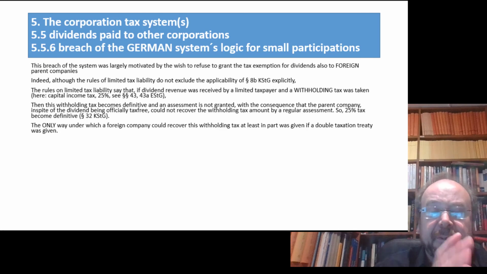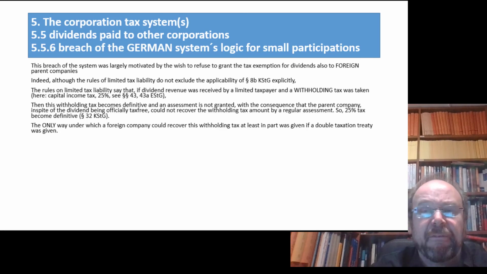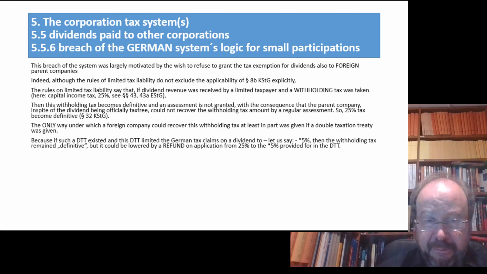There, we lower it to 15%, 10%, 5%, whatever the other state agrees upon with us. And the fiscal procedure was done again, withholding taxes taken at 25%. And under the double taxation treaty, you have no right to an assessment, but you have a right to apply for a partial refund of the withholding tax. So to have it lowered from 25 to 5% or so.